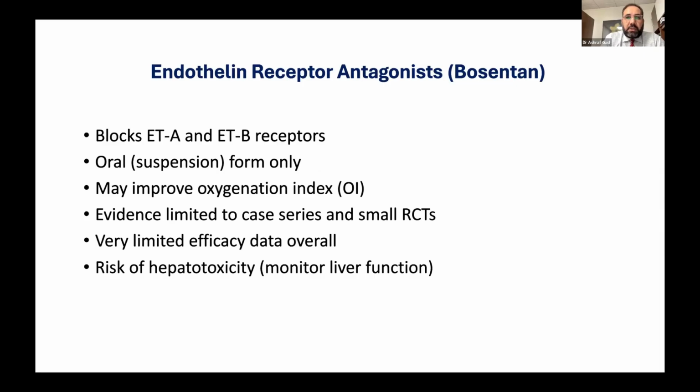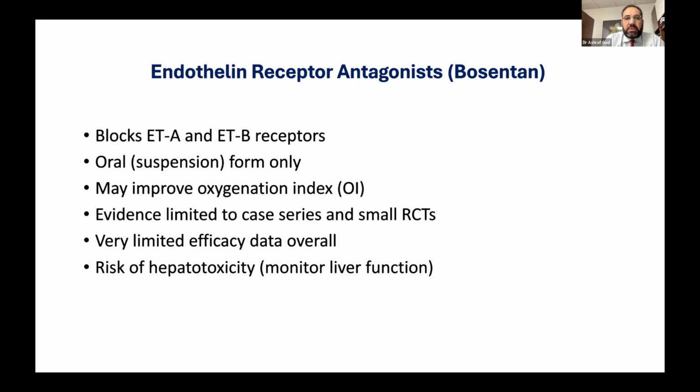Bosentan is another medication usually used as an adjunct, not a second line. It's a dual blockage of the endothelin receptors, and it's only available in oral form. It's used mainly in older children and also neonates, off label, obviously. It works well in cases of remodeled pulmonary vasculature.